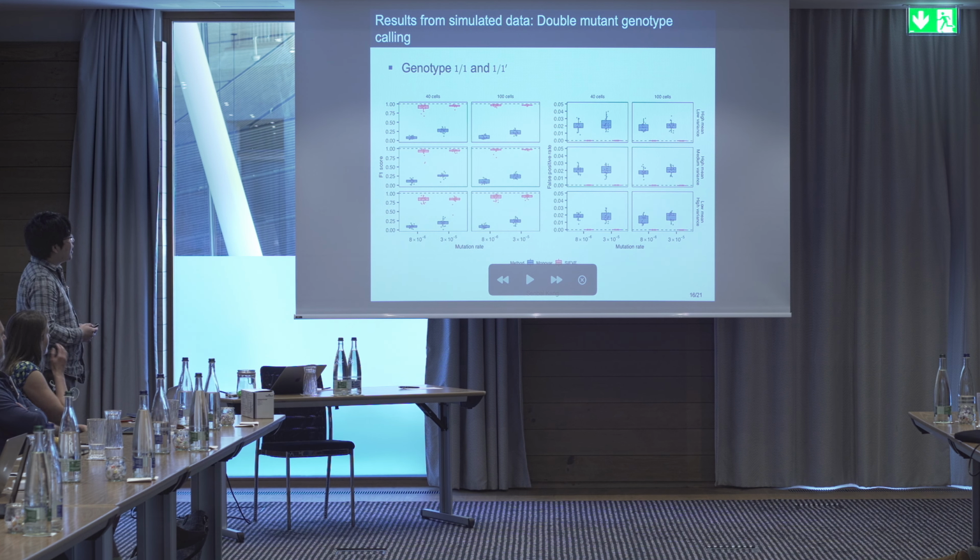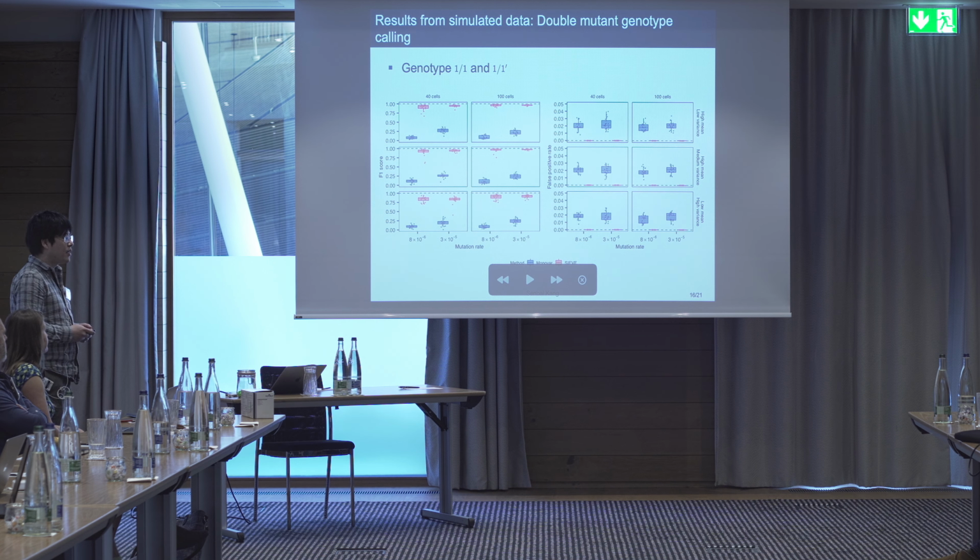Okay, next we focus on the double mutant genotype calling, where we call genotypes 11 and 11 prime. In terms of the F1 score, we compare with Monovar here, and we perform much better than Monovar.